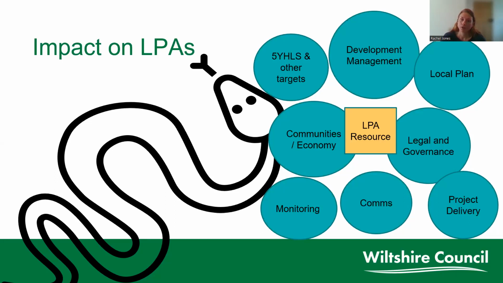It stretches into obviously local plan and 5-year housing land supplies, but it can also impact communities and economy, and then that can lead to lots of communications with local authorities, so those teams are stretched. And then in looking forward for solutions, it brings in the monitoring team and the legal and government teams as well.